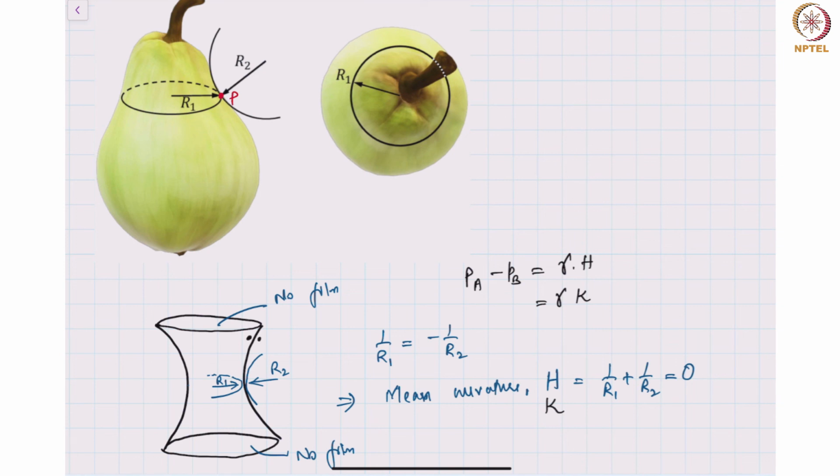So if PA is equal to PB, then the only option is that kappa has to be 0, because clearly surface tension is not 0.